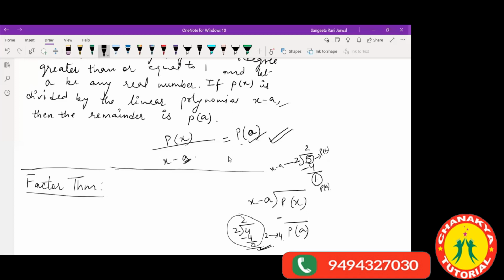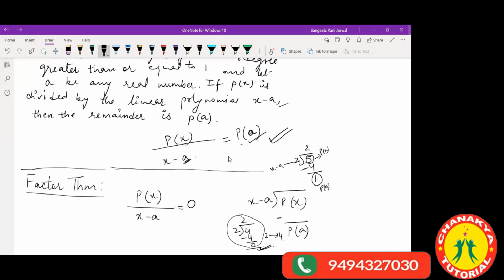What factor theorem tells us that if px is some polynomial, okay, and if we divide this px polynomial with another polynomial x minus a, I get the remainder 0. Okay, I get the remainder 0. That means x minus a is a factor of px. Okay. Yeah, ma'am. Understood? Everyone, understood this?